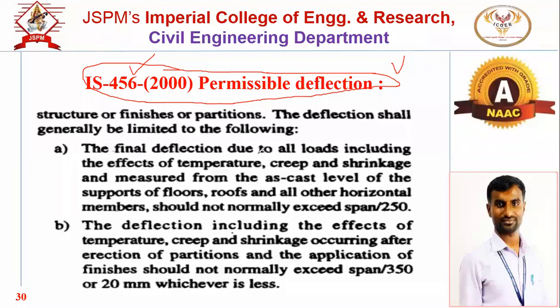Final deflection due to all loads, including effect of temperature, creep, and shrinkage, measured from the as-cast level of the supports of floors, roofs and all other horizontal members, should not normally exceed, meaning it should be less than or equal to, L by 250, where L is the span of that particular member and it should be in mm.